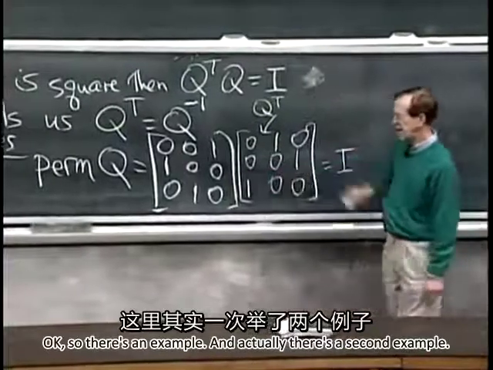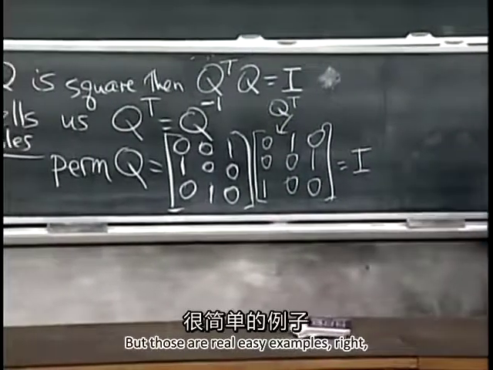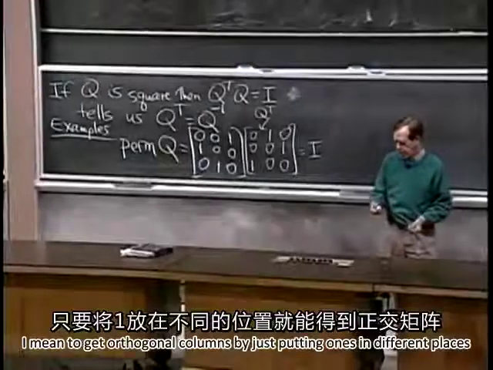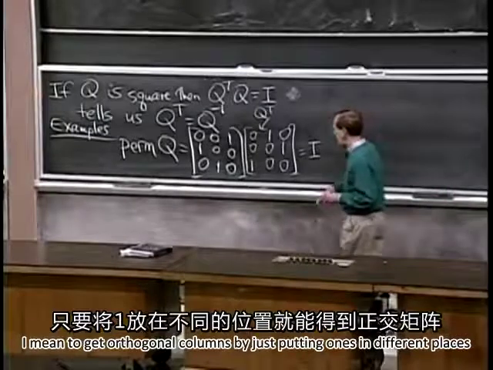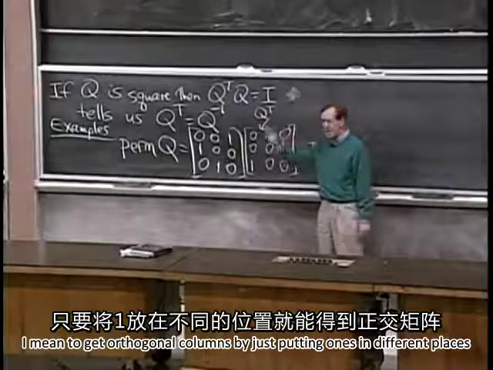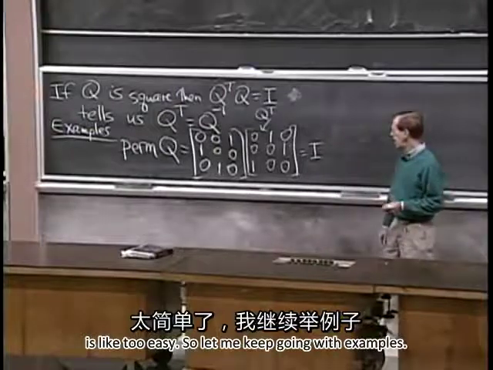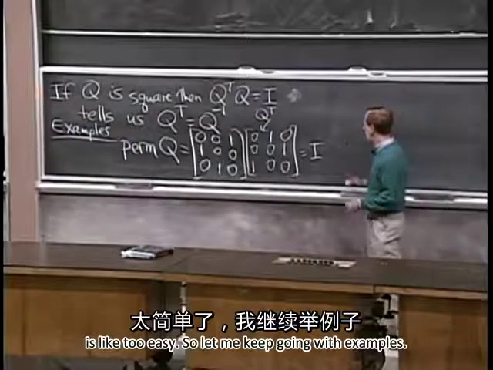But those are really easy examples, right? I mean, to get orthogonal columns by just putting ones in different places is like too easy. So let me keep going with examples.